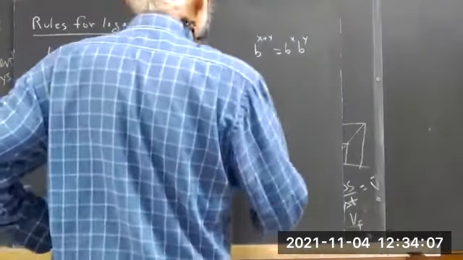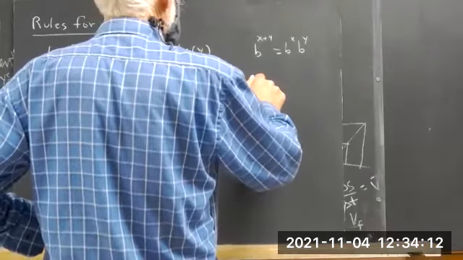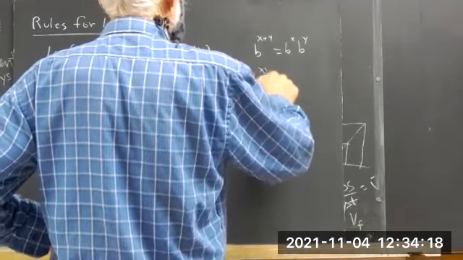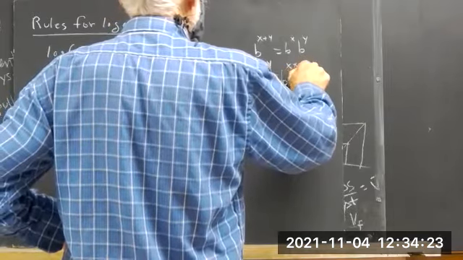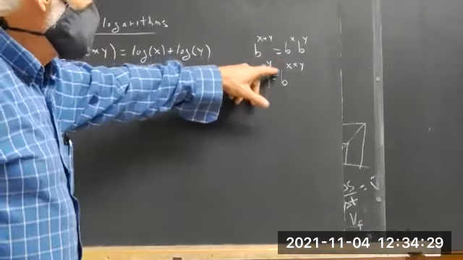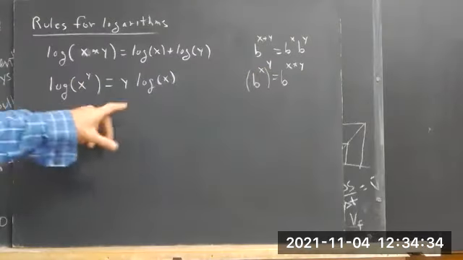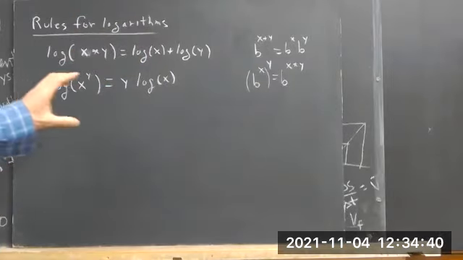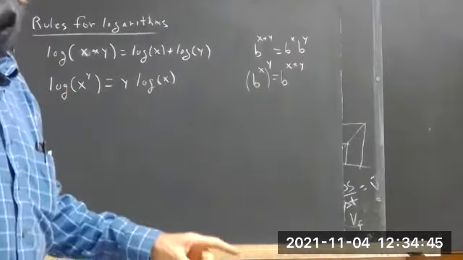And of course, we know that if you take a power of a power, you have a power becoming a power associated with a multiplication. So you've got a power here, and there's a multiplication by the power. Now, it's not an exact analogy, but it's just related by the fact that the log and the exponential functions are inverse functions.